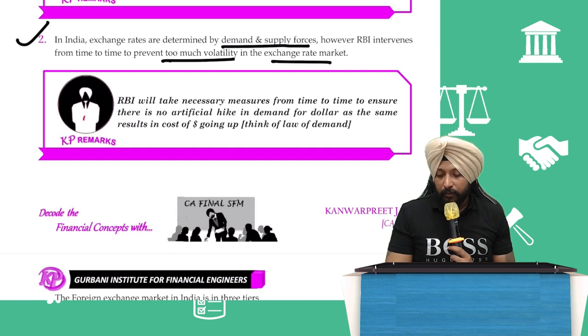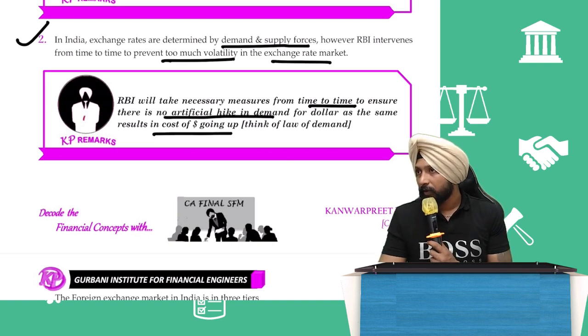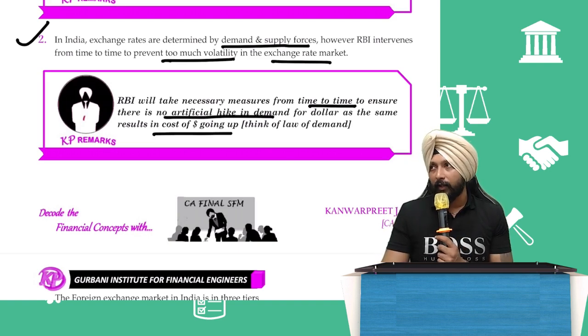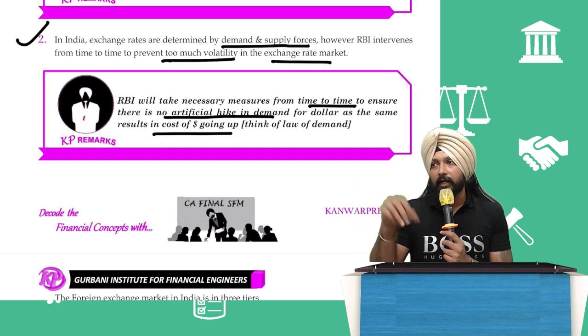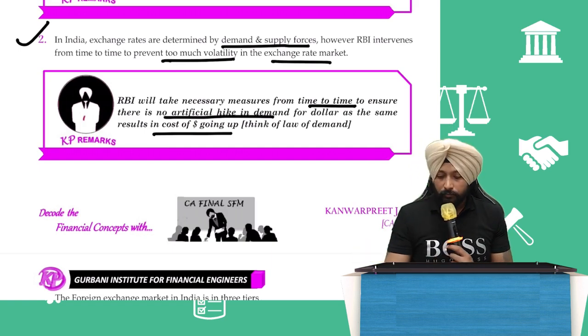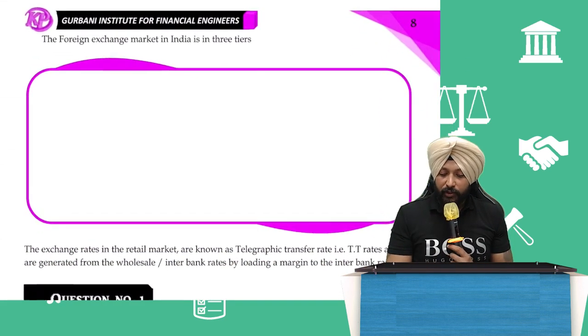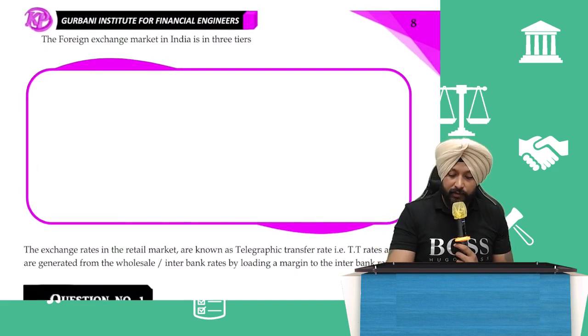RBI will take necessary measures from time to time to ensure that there is no artificial hike in demand for dollar, as the same will result in the cost of dollar going up. Think of the law of demand. So they won't let artificial demand go up. If there is too much demand for dollar, then they start giving you supply of dollar from their own reserves. Understood?